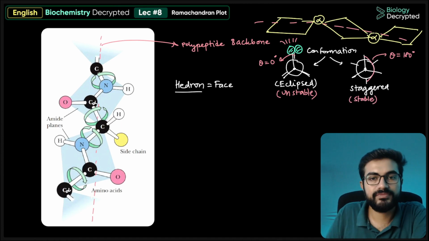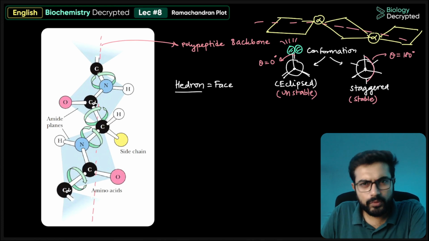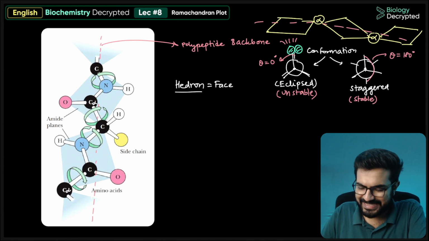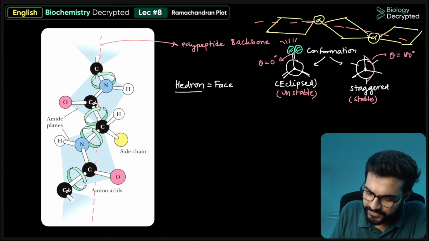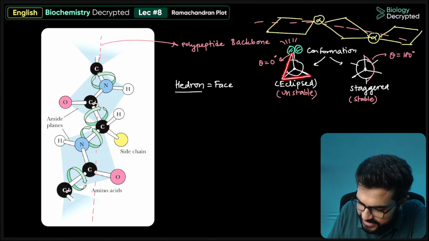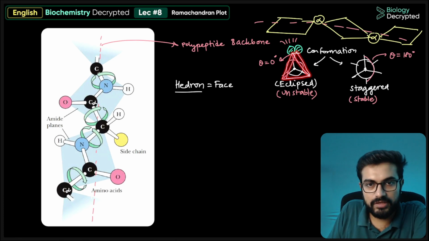Since this angle is 180 degree, this conformation is called the staggered conformation, and obviously this is more stable. Now what was my purpose to explain this eclipsed and staggered conformation? Well, there was a reason. If you look at this kind of a face, this is a face and this is a face, and obviously they have an angle of 0 degree.